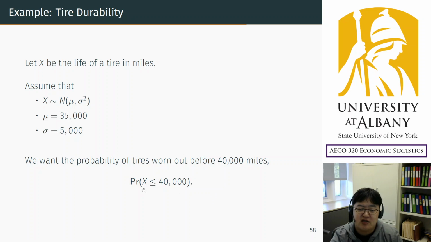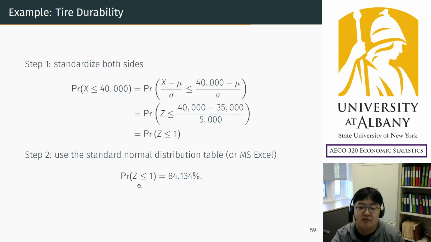So how can we calculate that? We know that this is a non-standard normal distribution, so we would like to transform x into a standard normal distribution by this procedure, standardization. Standardize: subtract the mean, divide by the standard deviation on both sides.